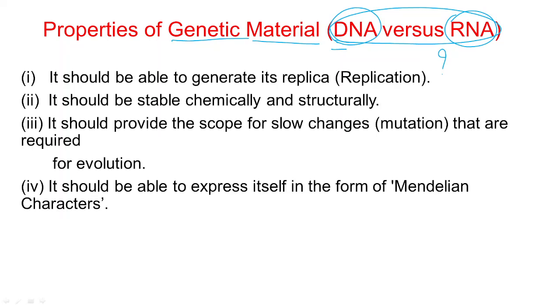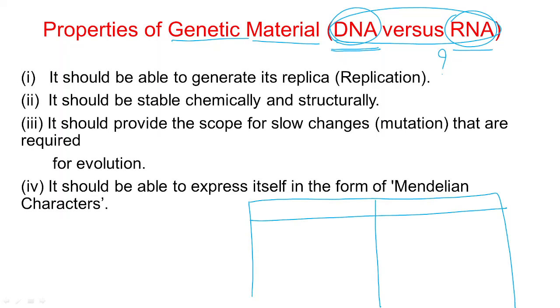DNA is better genetic material when compared with RNA. Why can DNA be the better genetic material when compared to RNA? That I will express here. See here. If you consider DNA and RNA, the better genetic material will be DNA.